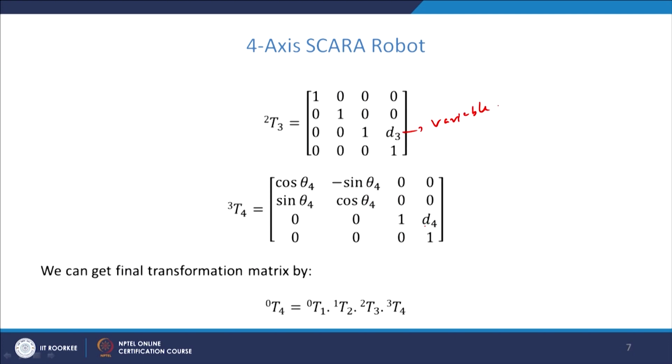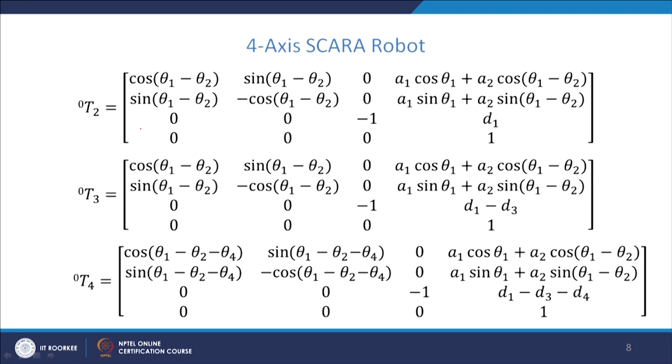Now, D4 is DE, from the end effector to the previous link. So, these values can be substituted, and by multiplying the 4 matrices 0T1, 1T2, 2T3 and 3T4, we get the end effector position. Finally, the product will give the result.